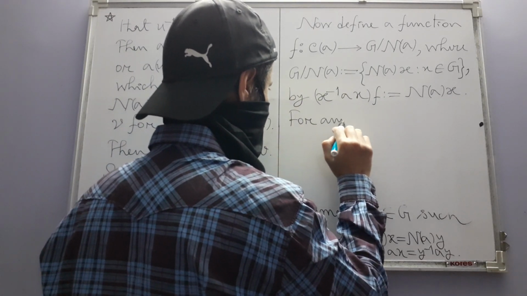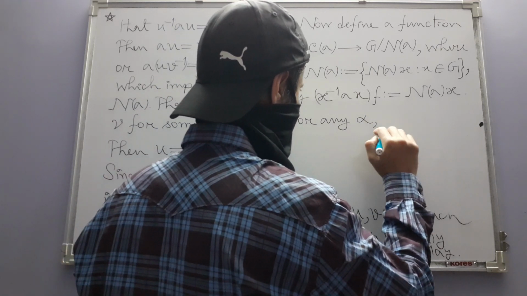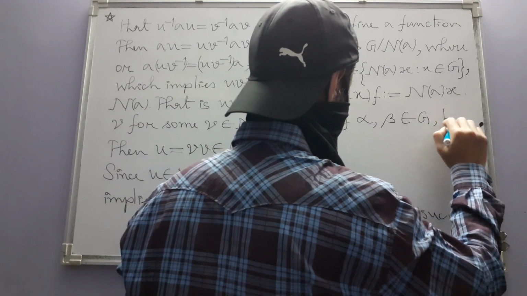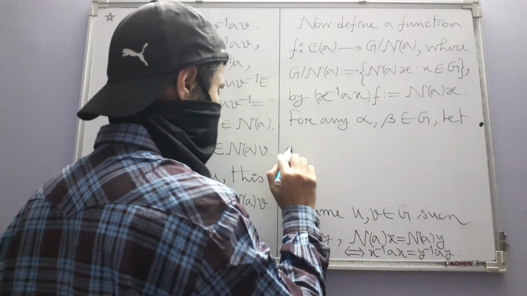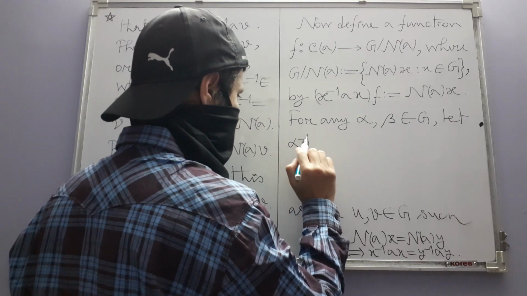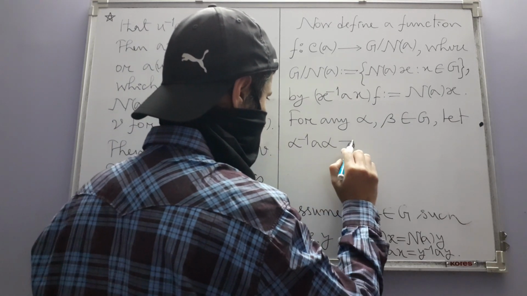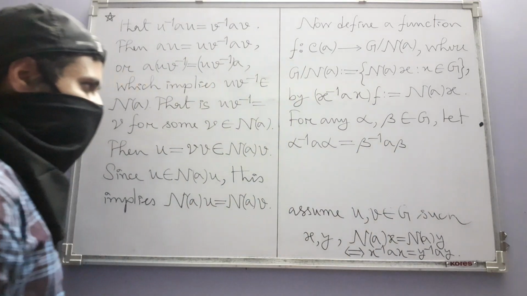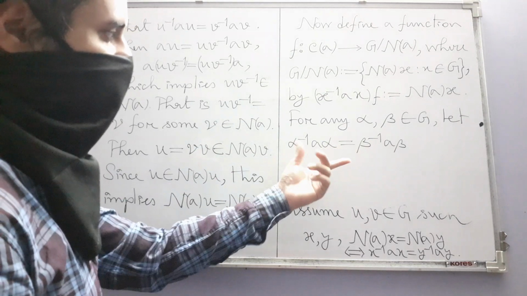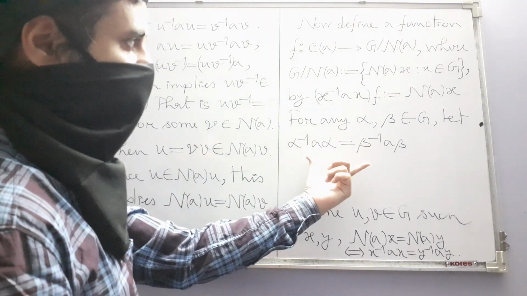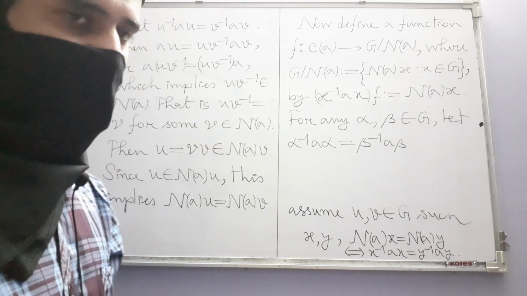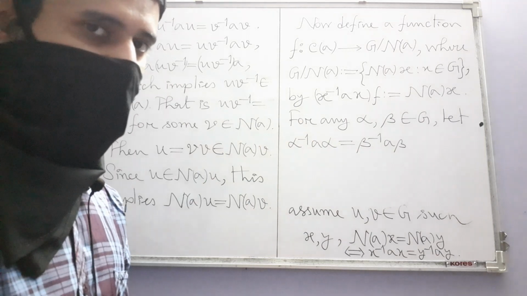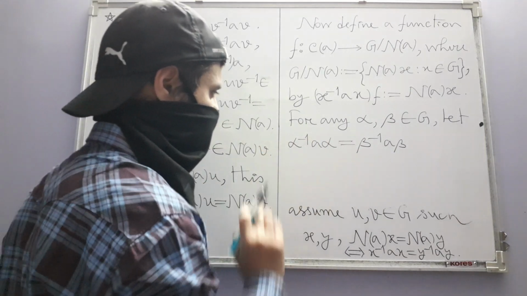For any alpha and beta belonging to G, let alpha inverse A alpha be equal to beta inverse A beta, so that we are considering only one unique element in CA, but it has two different representations in this particular form.